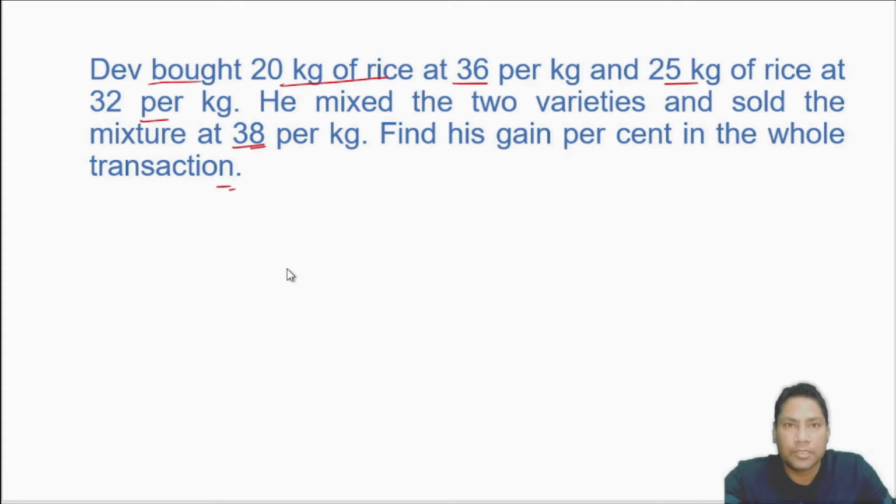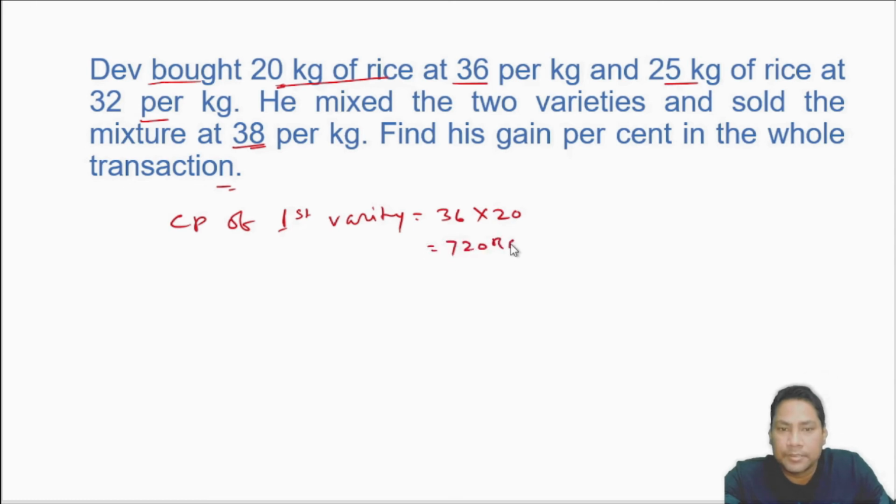So for calculating the first variety, the amount of rice is 20 kg and the rate is 36. So the cost price of the first variety becomes 36 into 20, that is 720 rupees.